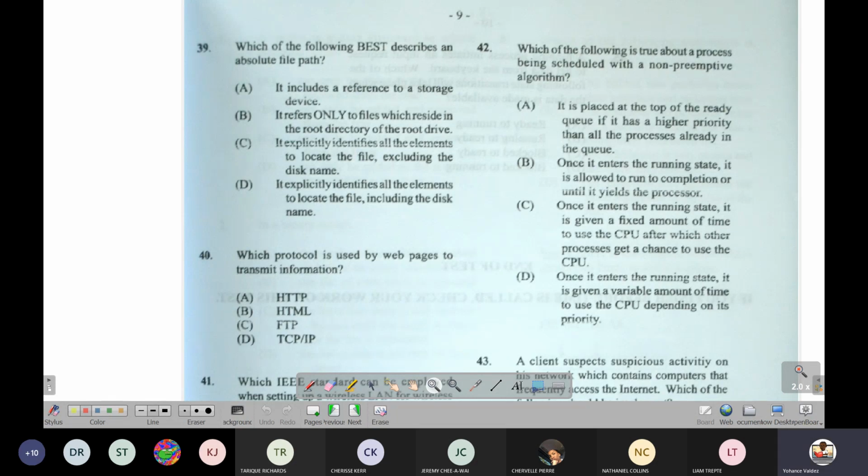I have to take a screenshot and then cut that screenshot. Give me one second, and I will put in that example of that absolute file path.